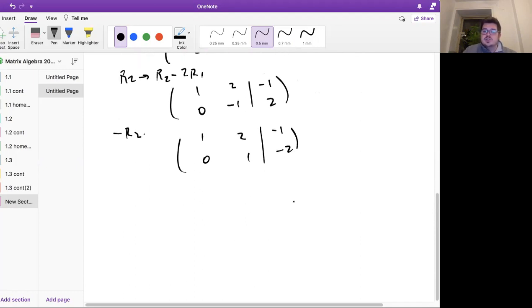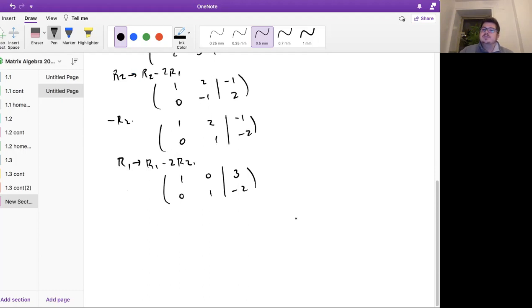While we're at it, let's just do reduced row echelon form and do row 1 to row 1 minus 2 row 2. So -1 minus 2 times -2 is plus 4, so this makes 3.